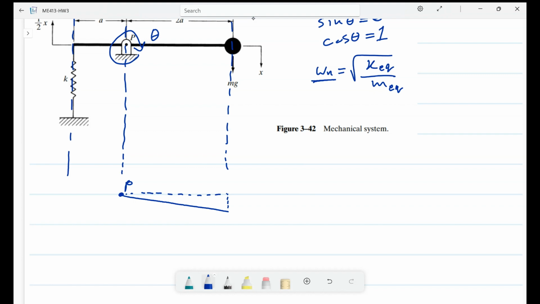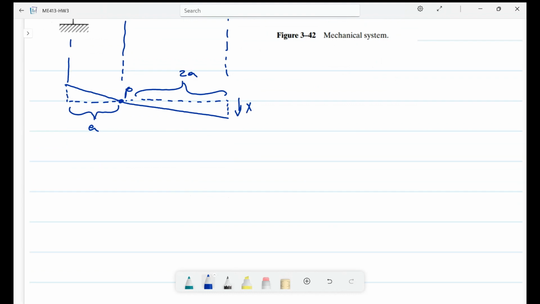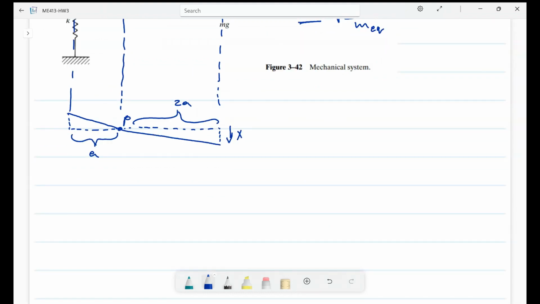So this is our movement or displacement x. This is originally our 2a, and this is originally our a at the equilibrium position. Now, again, what we need to do is to put the forces in our system.